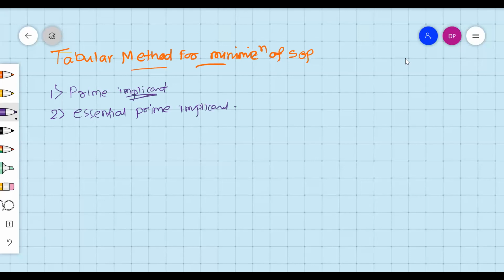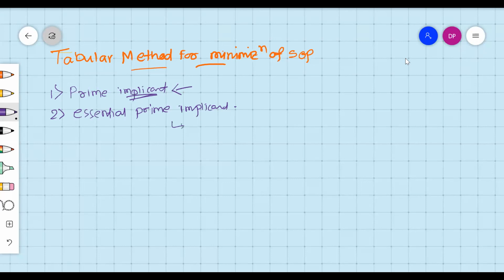Implicant means the group of ones, like what we do in the K-map. Prime implicant means the largest group of ones possible. So essential prime implicant means at least one min term that cannot be combined in any other way.